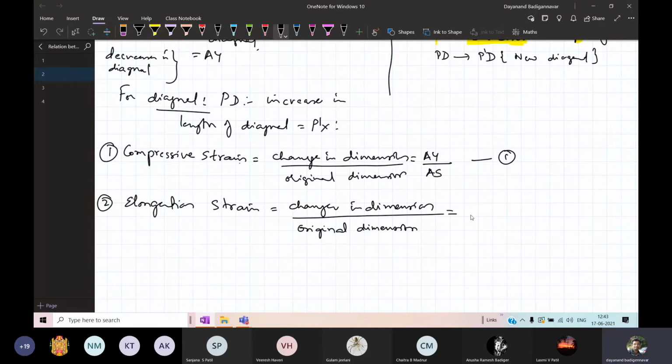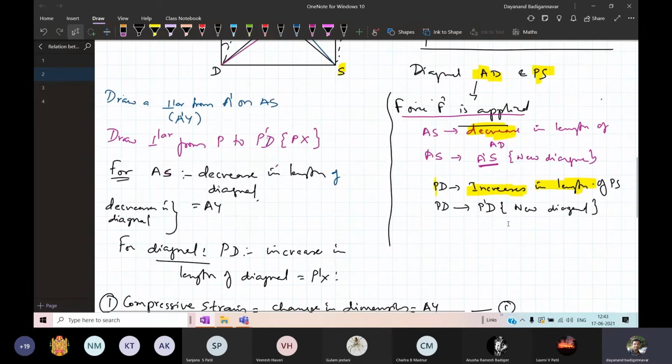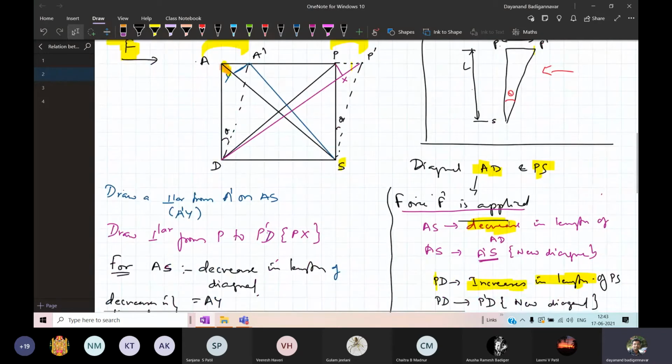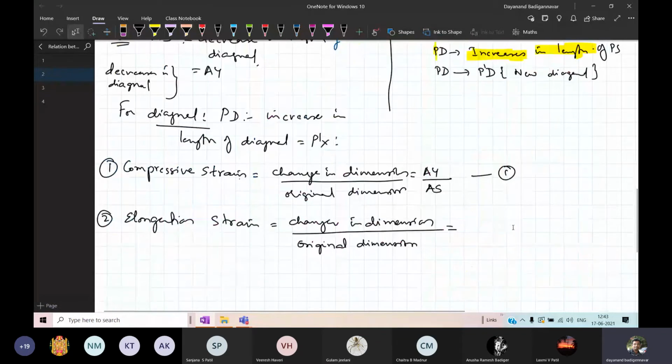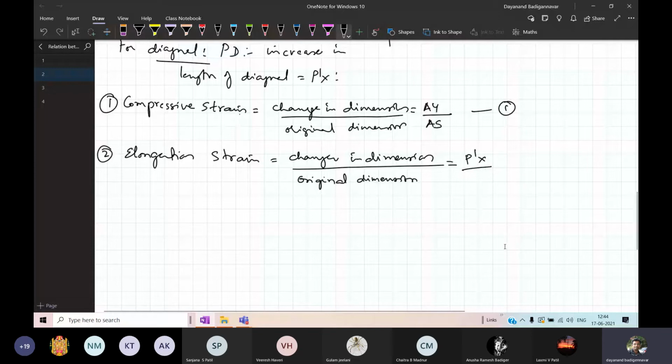What is the change in dimension? For the second diagonal you have to take PD. P dash X is the change in dimension. Therefore I will write P dash X divided by the original dimension.